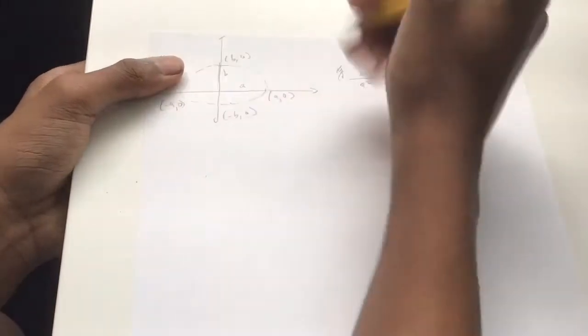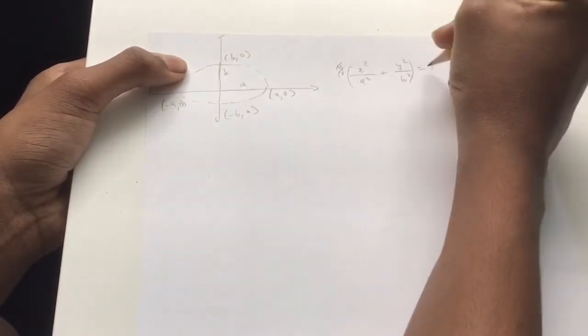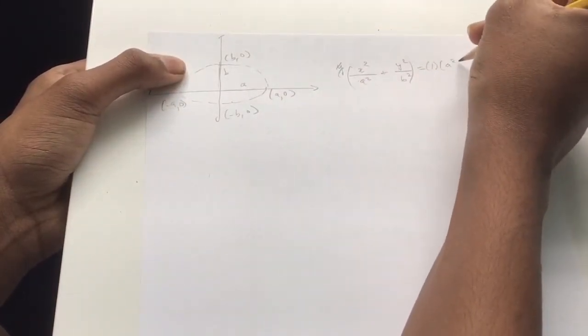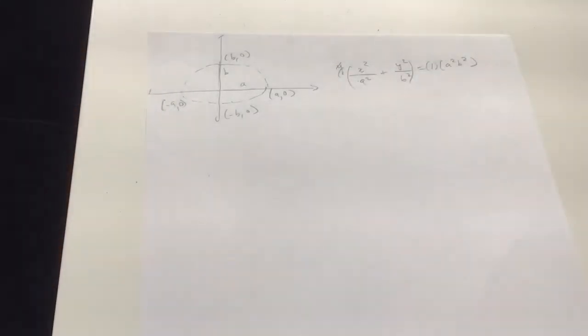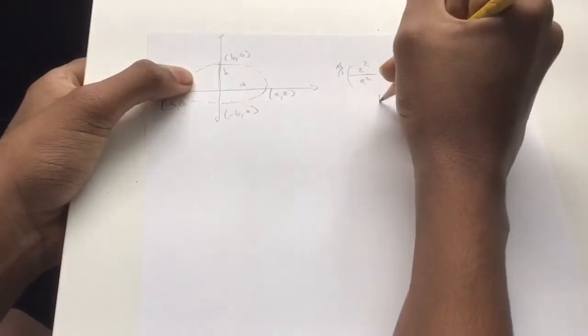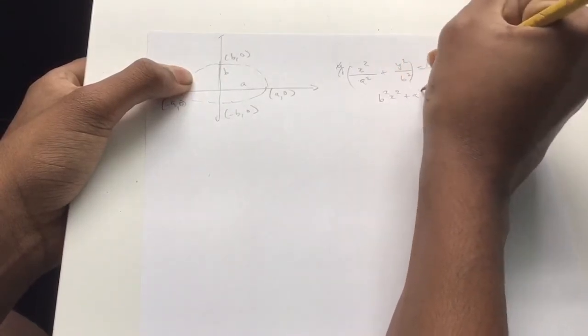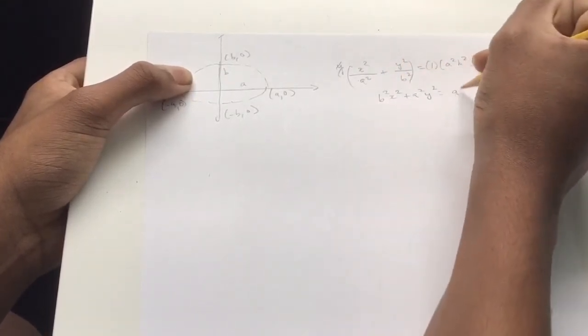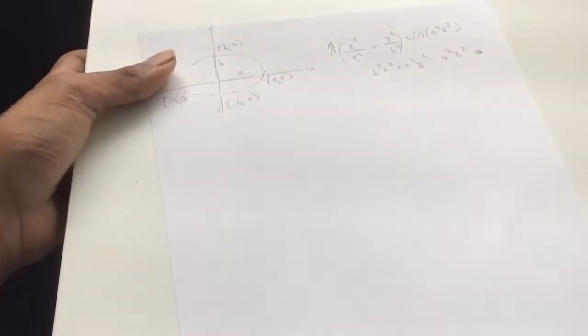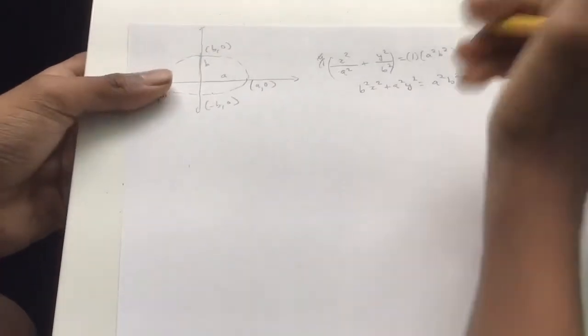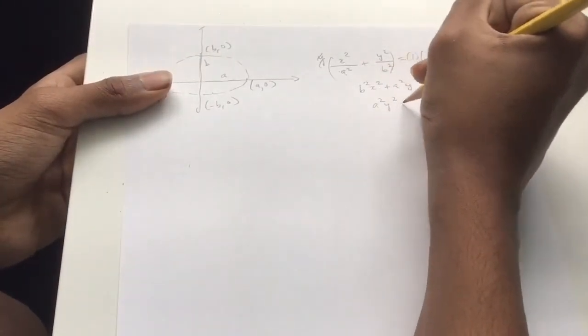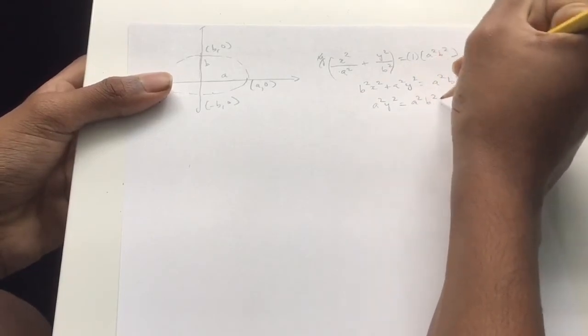We can do so by multiplying both sides by a squared b squared, we get b squared x squared plus a squared y squared is equal to a squared b squared. Okay, we bring the b squared x squared to the other side, and we get a squared y squared is equal to a squared b squared minus b squared x squared.